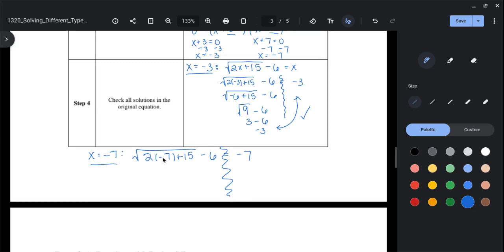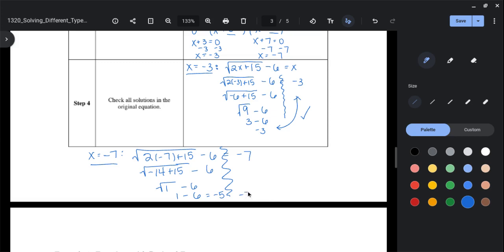On the left-hand side, same thing: I'm going to treat this radical as if it was parentheses, so I'm going to perform those operations under there first. Multiply 2 times negative 7, and we get negative 14 plus 15 under our square root, and then minus 6. The addition, negative 14 plus 15, gives 1. The square root of 1 is 1. So 1 minus 6 is negative 5.